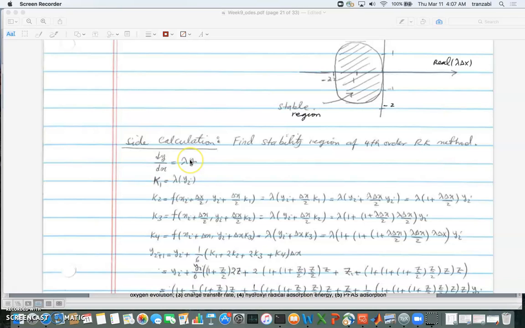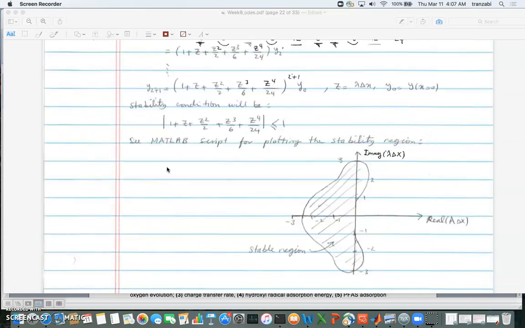We're going to be looking at these problems with the goal of understanding the impact of lambda and delta x on the accuracy or stability of the solutions using the numerical techniques we covered so far.